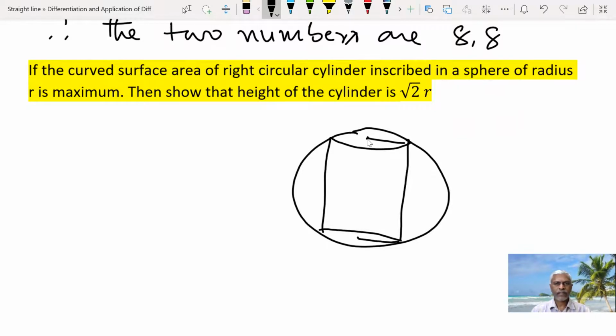Let this be O, this is A, and this is B. This is small r, the radius of the cylinder is capital R, and the height of the cylinder is h, and half of the height is h by 2.